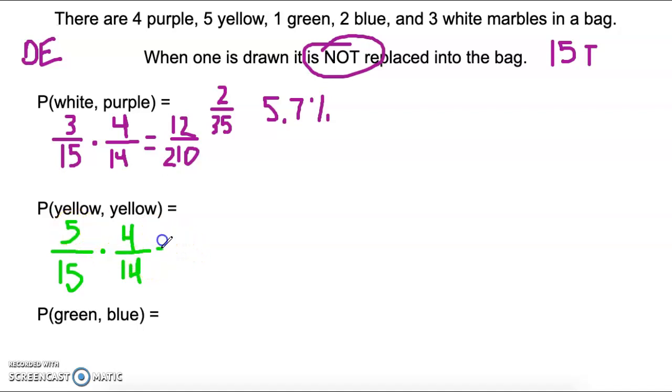Then we multiply. 5 times 4 is 20, and 15 times 14 is 210. These can both be divided by 10, so we get 2 out of 21, and then that is 9.5%.